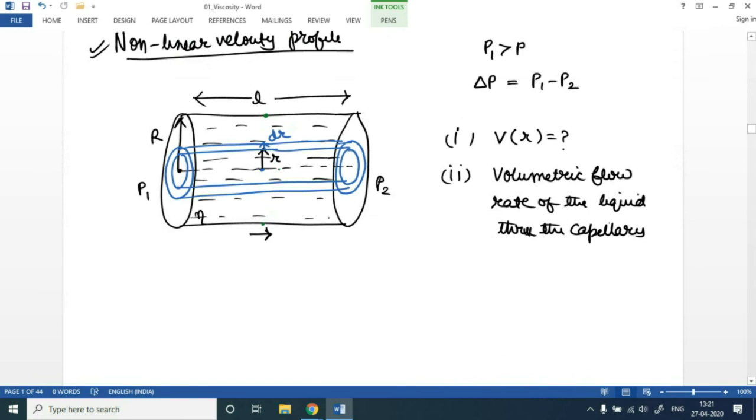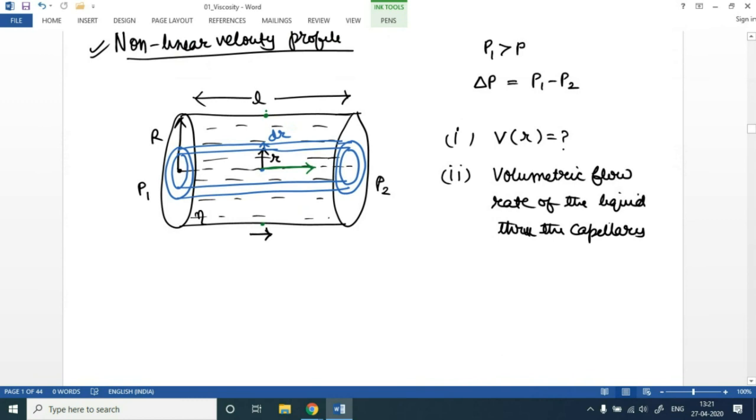Okay, so as we move away from the surface, velocity is going to increase. So the maximum velocity we are going to get is along the axis. And the velocity at the extremes is going to be equal to 0.